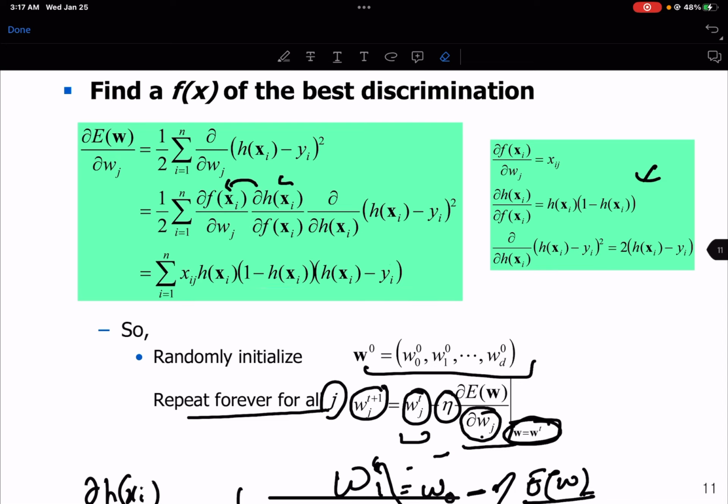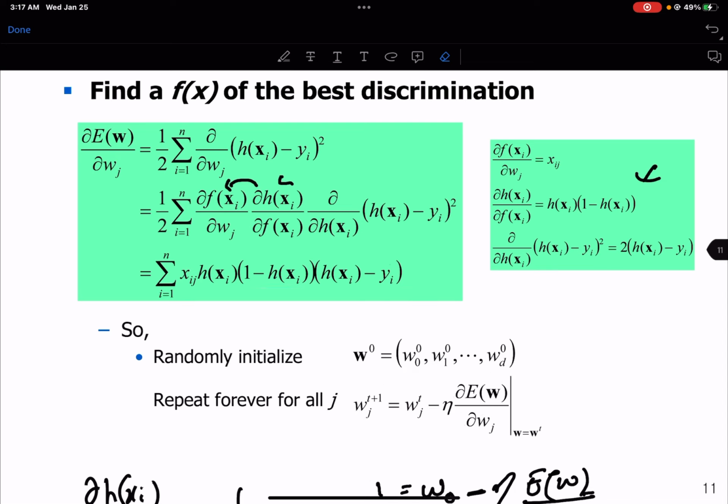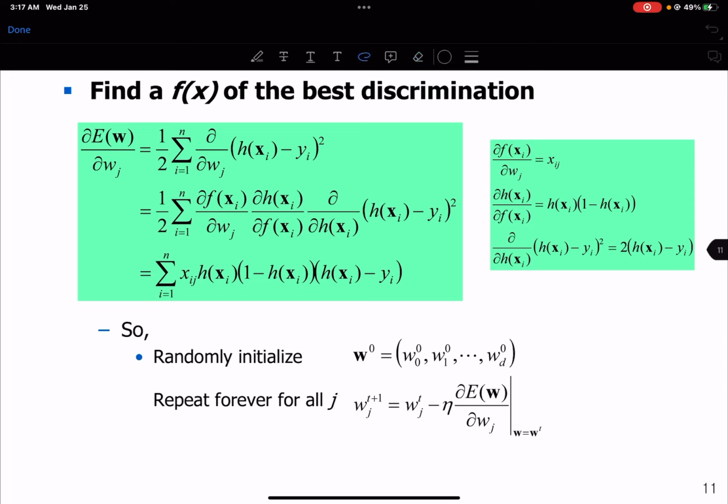So from the current weight, you will subtract the differentiation with respect to the current weight to update to your new weight. At time t you had this weight, it was updated by this learning rate multiplied by the error term to estimate your new weight.